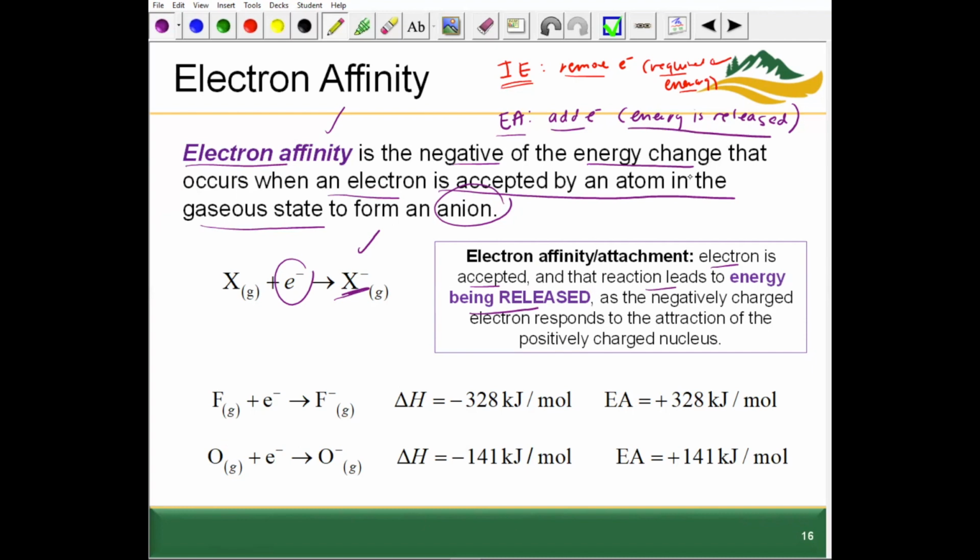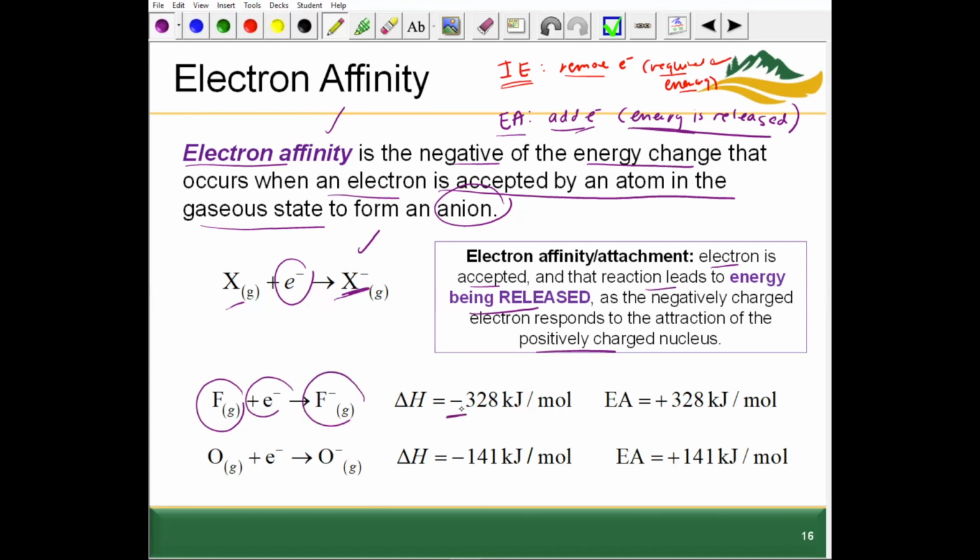Energy is released because when we add an electron to a neutral atom, that electron is stabilized by the positively charged nucleus. So energy is released when that electron is added because the nucleus helps stabilize that negatively charged electron. For instance, if we take neutral fluorine, we add an electron to become F-.